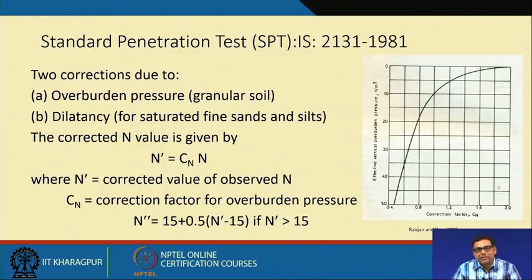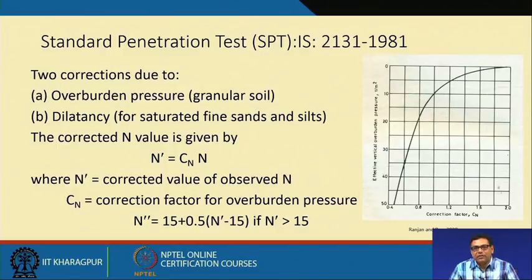So in both cases, first, if the volume decreases, there will be a positive pore water pressure, and if the volume increases, there will be a negative pore water pressure. So because of dilatancy the volume increases, and a negative pore water pressure is induced. Now, what will happen?